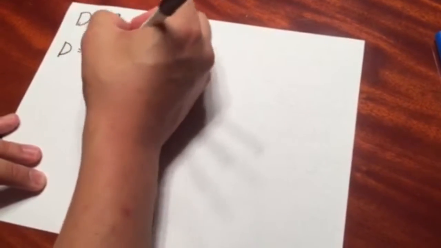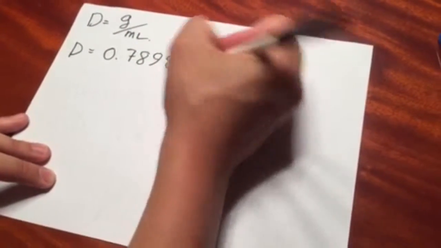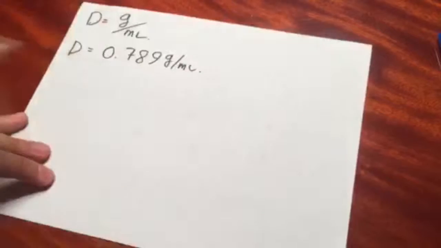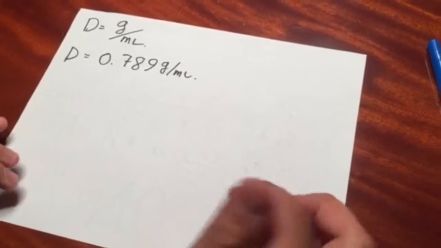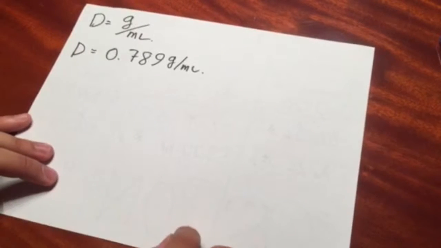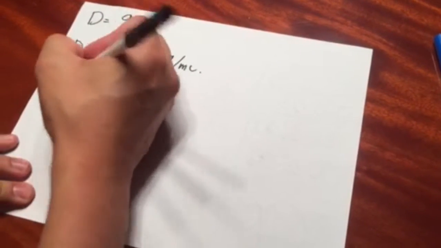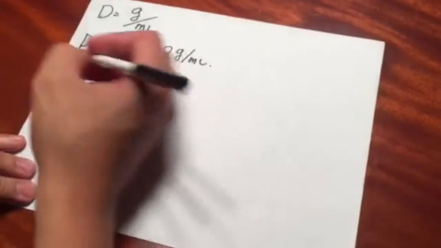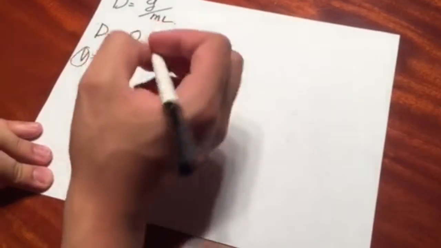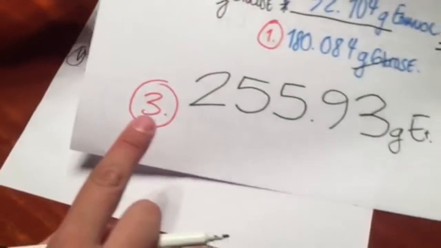And they already gave us density, that is 0.789 grams per milliliter. They ask us what is the maximum of ethanol. So you have to take the volume equals mass divided by density. You already have density, so you have to find volume because we also have the mass. That will be number 3.